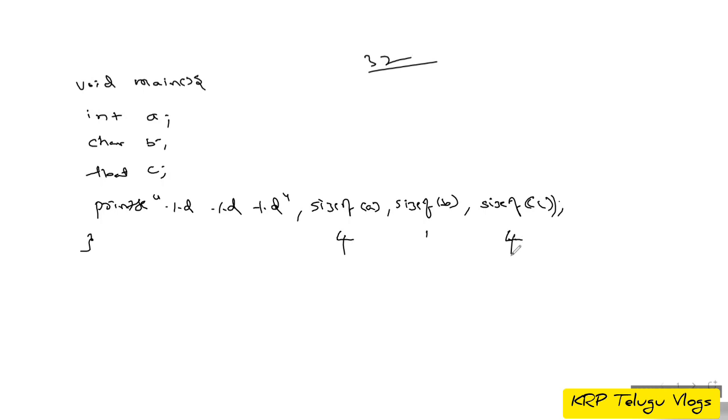So it will print 4, 1, and 4, because integer is 4 bytes, character is 1 byte, and float is 4 bytes. Clear? Understood? Yes, sir. Sizeof will just return the size of that particular data type. Is that clear? Yes, sir. Okay, note down this.